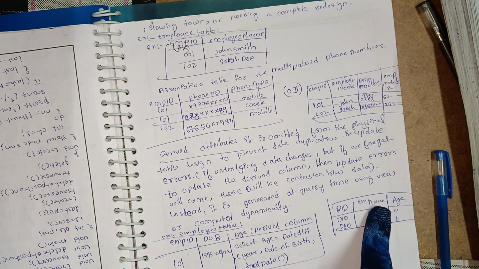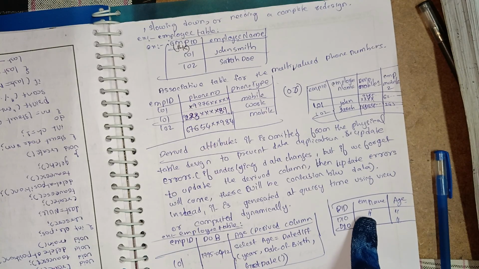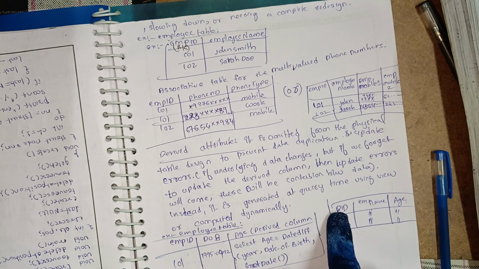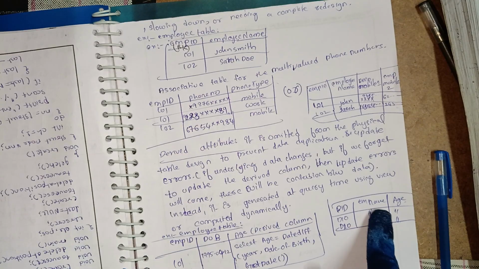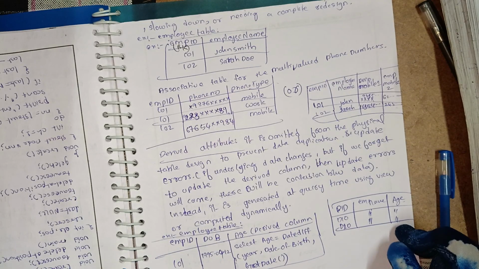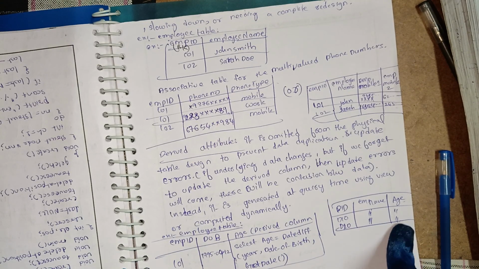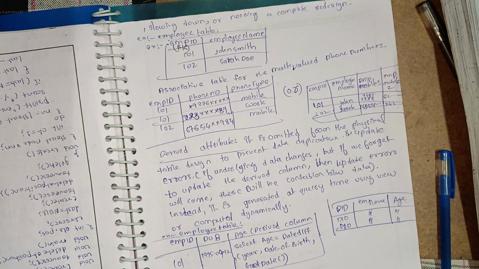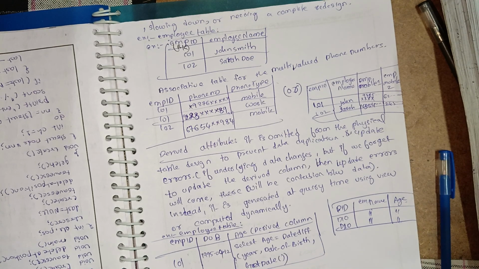If the employee ID and employee name change, and we forget to change the age column, then there will be an update error, and we can't get proper information about a particular employee.